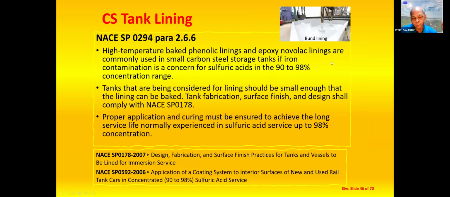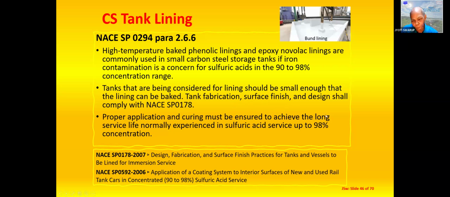This can only be used in smaller tanks for the simple reason that it has to be a baked phenolic lining, and baking is only possible if you have a small tank which can be put into a furnace. So tanks being considered for lining should be small enough that the lining can be baked.